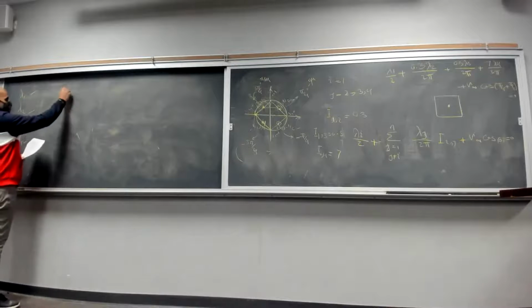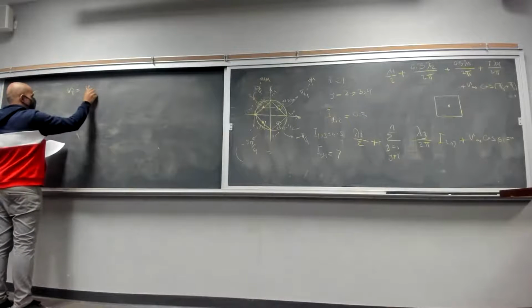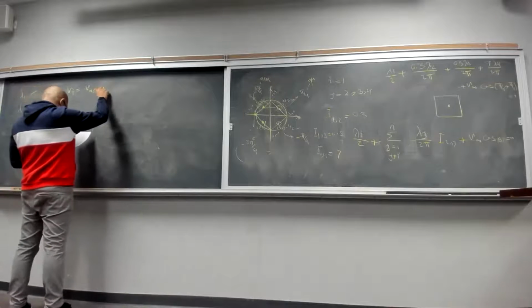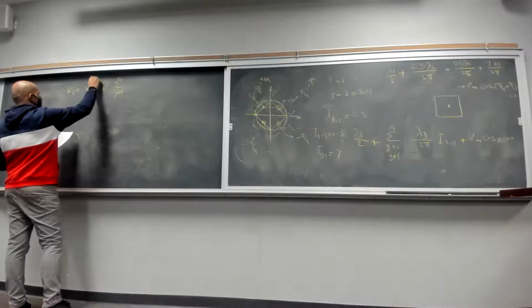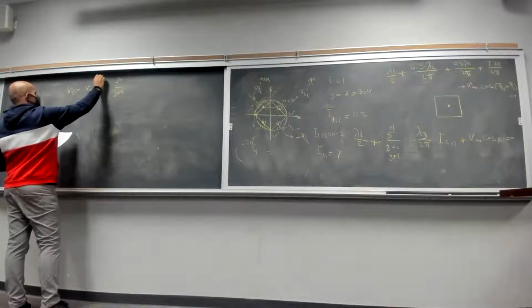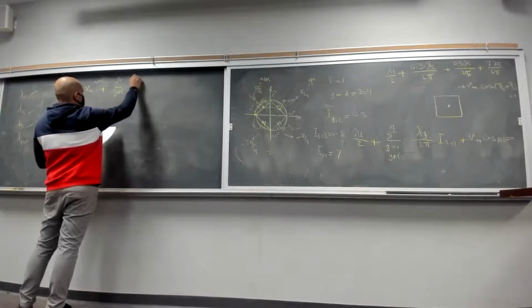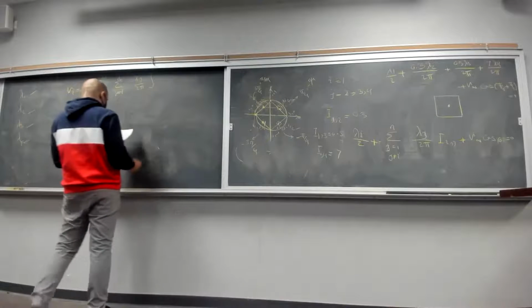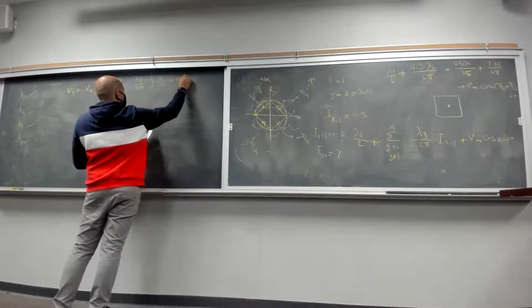The velocity of each panel is going to be equal to V infinity sine of beta i, plus the sum over j equals 1 to N of lambda j divided by 2 pi, times the integral of partial S natural log of Rij ds.